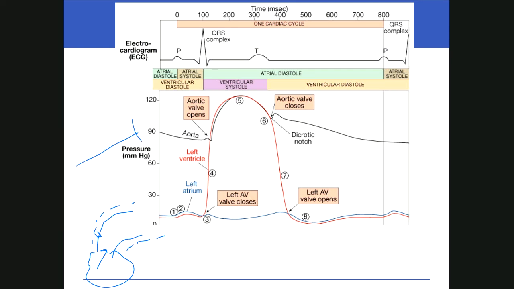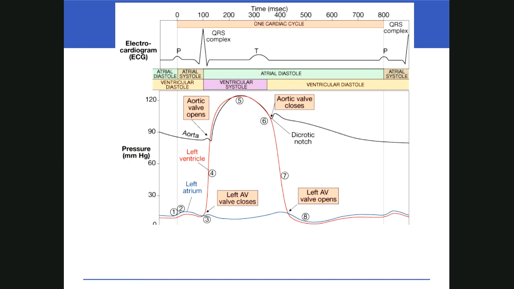And then when you let go of a rubber band, it goes back to its original shape. It has recoil. So when the ventricle stops pushing blood, the aorta goes back to its original length, and that, again, is pushing against the blood. So even though the pressure falls, it doesn't fall like it does in the ventricle.